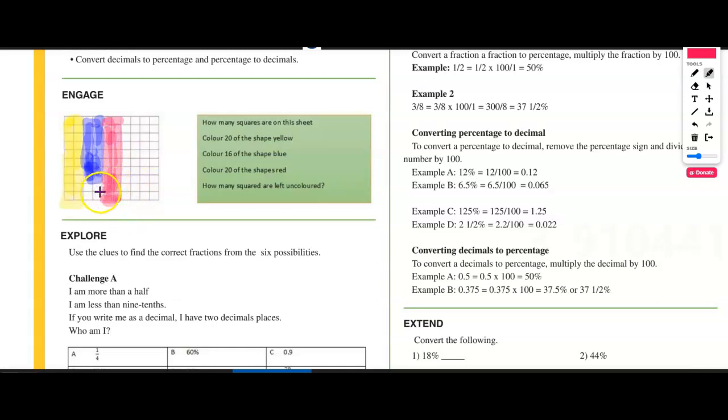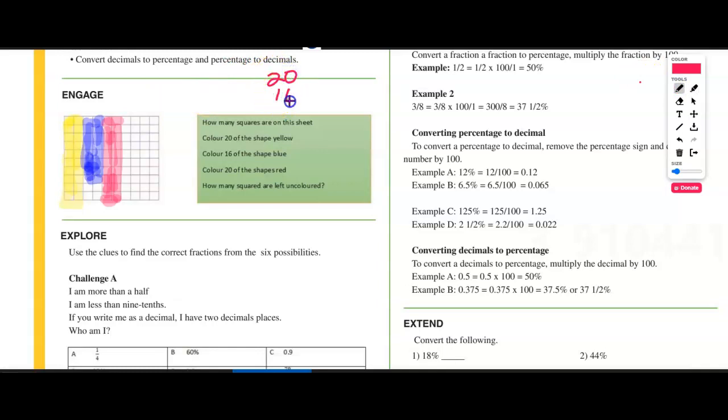Okay. So, one way of thinking about this is to say we had 20 and 16 and another 20. We add these together and we get 56. So that would be 56 out of 100. So how many would be left? So we have 1, 2, 3, 4 there, and then 10, 20, 30, 40.